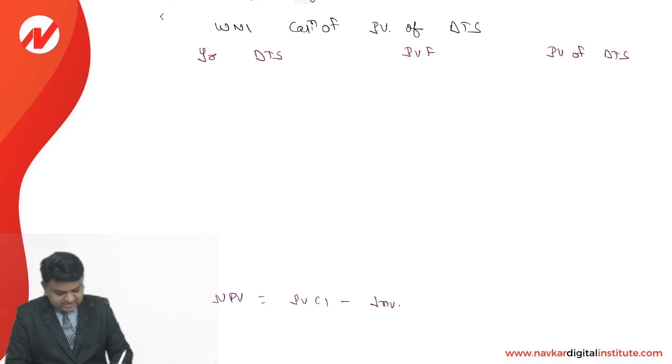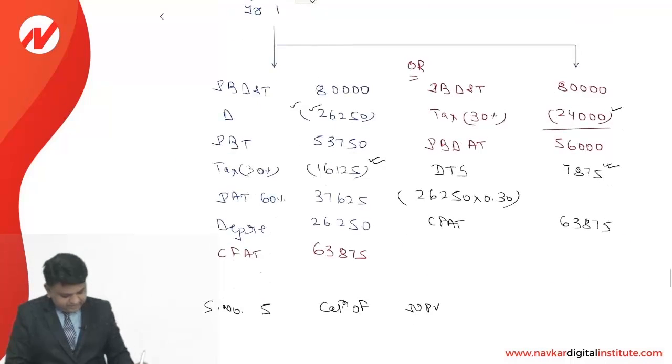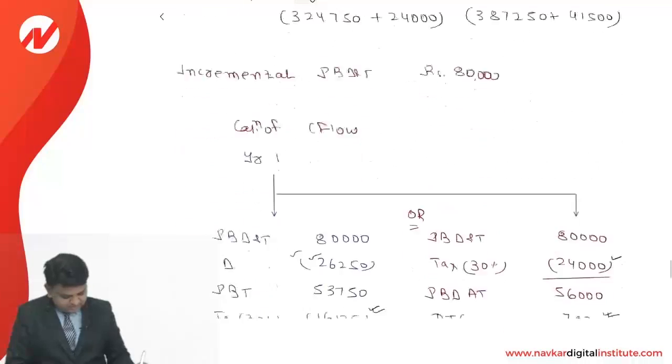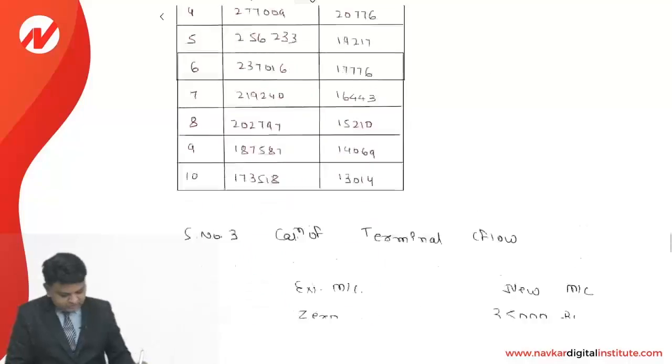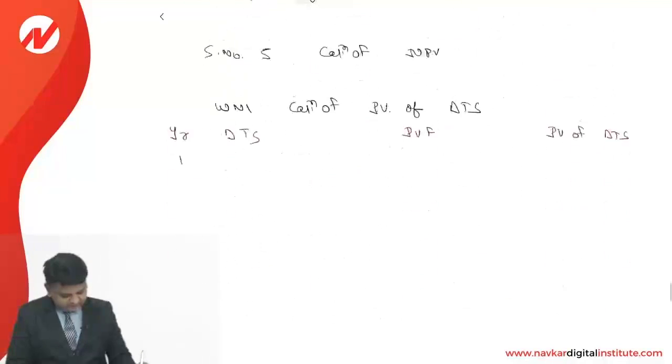As far as year 1 is concerned, the amount of depreciation tax saving is 26250 into tax rate.